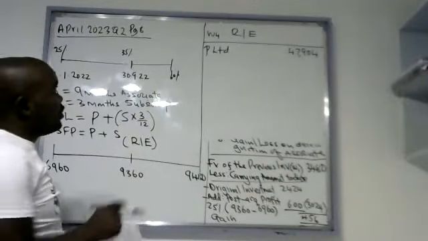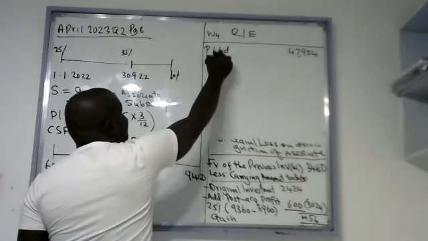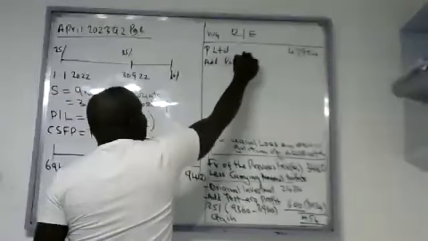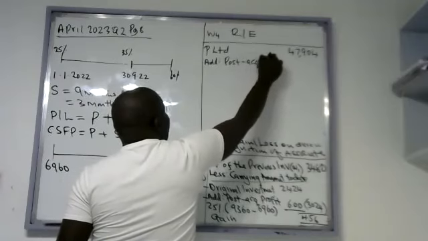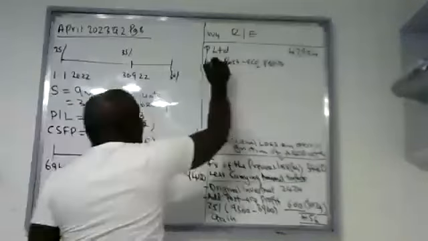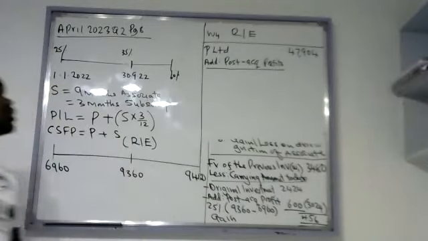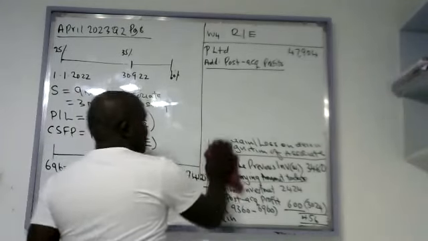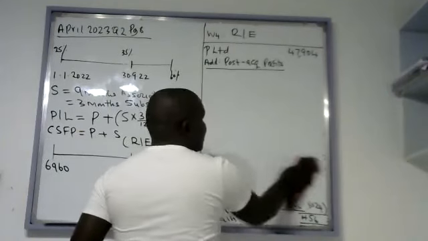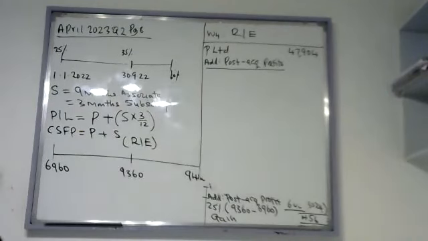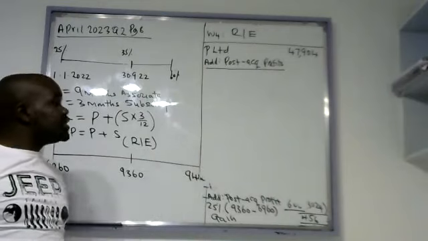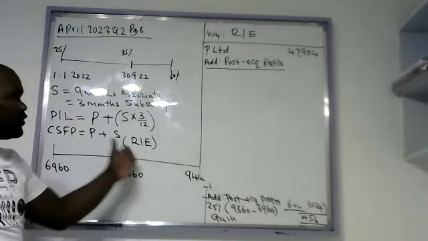Then for the subsidiary, you bring post-acquisition profits. Post-acquisition means since the acquisition. But now which percentage will you use? Because here was 35, here 60.